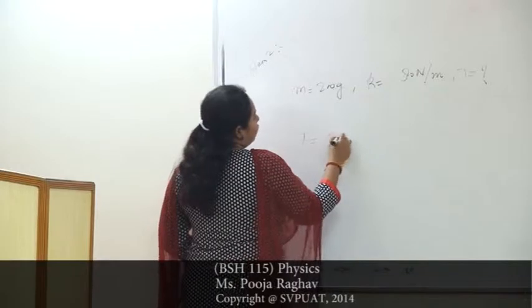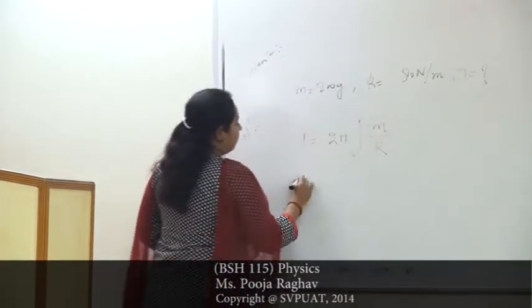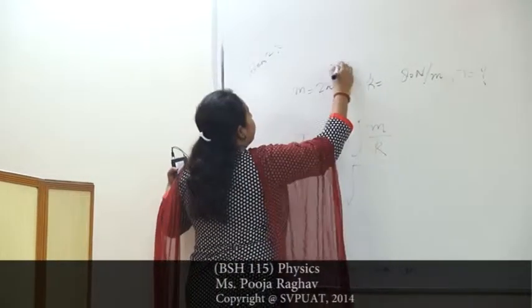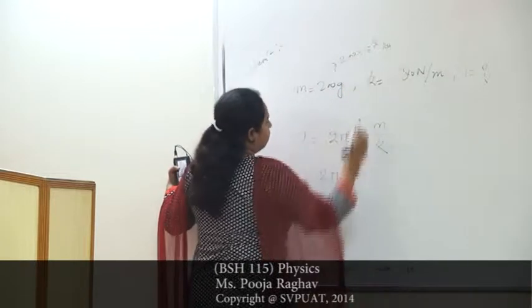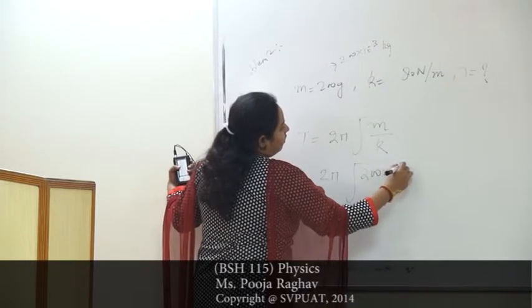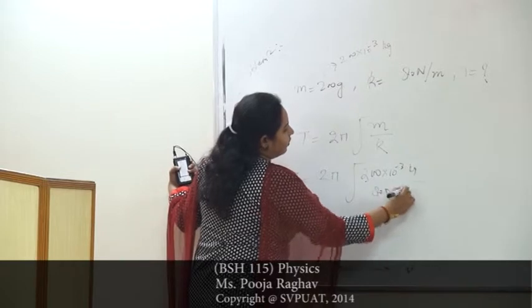T equals 2 pi under root m upon k. T equals 2 pi under root, this will change into kilogram, 200 into 10 to the power minus 3 kg, upon 80 Newton per meter.